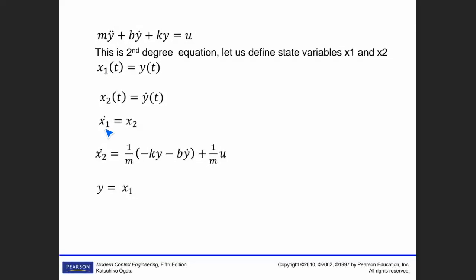So x1 dot is equal to y dot, so x1 dot is equal to x2. Then here, this term, we get rid of the second derivative. It's actually the first derivative of this one. And 1 over m times minus ky minus by dot plus 1 over m u, where y dot is the x2 here.